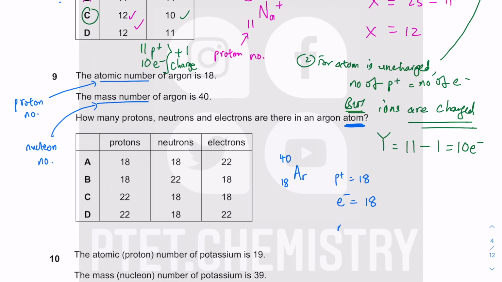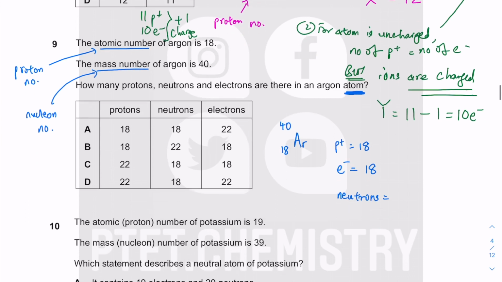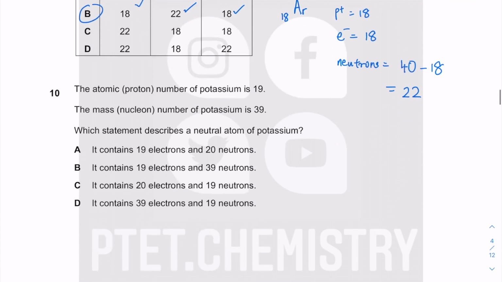Number of neutrons is going to be the mass number or the nucleon number minus the proton number. So we're going to get 22. So proton is 18, electron is 18, neutron is 22. There's only one answer there.